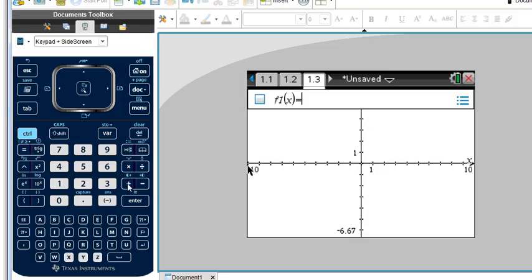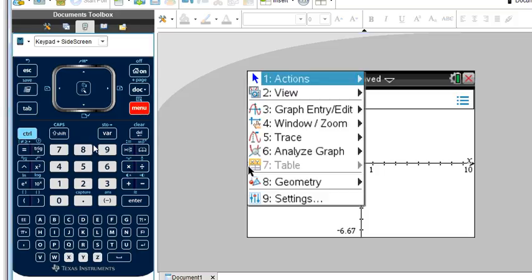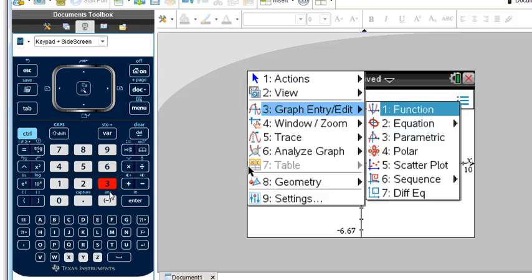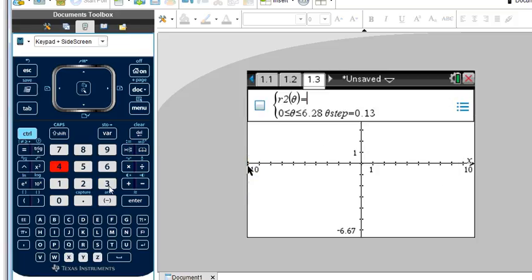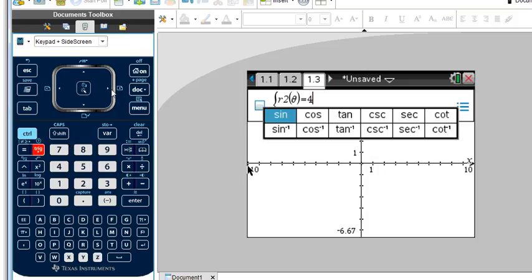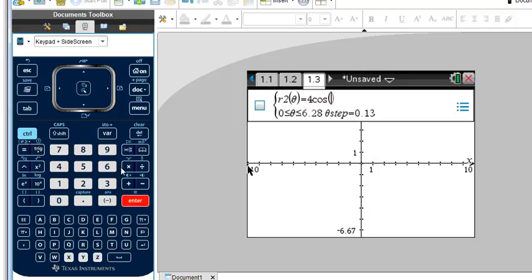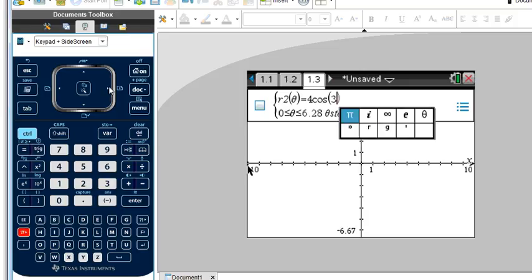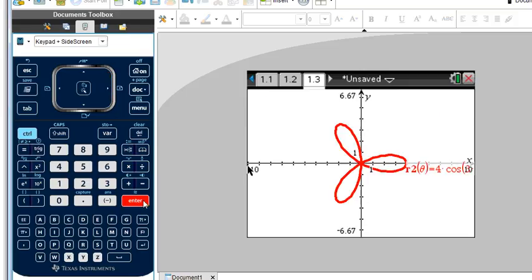We're going to get our graphical menu, graph entry edit, polar, and it's going to be 4 cosine 3 theta. So 4 cosine, and in this argument we're going to put 3. I'm going to get our theta again. Enter. And we have this graph.